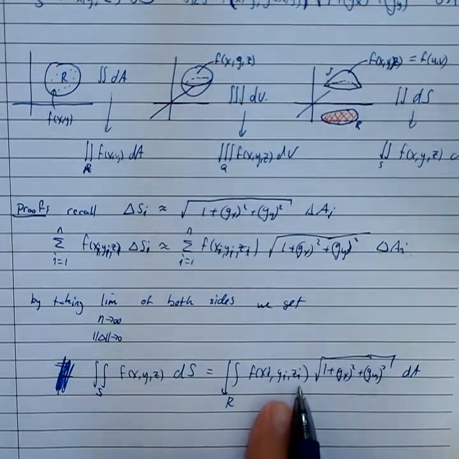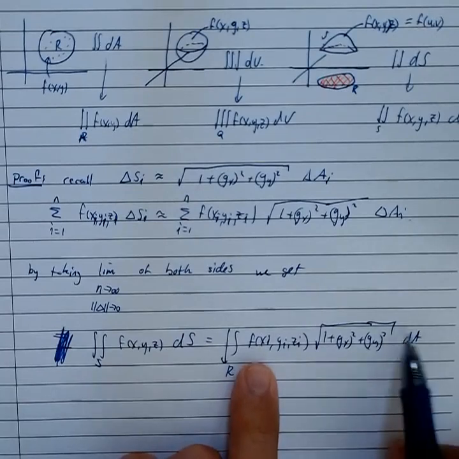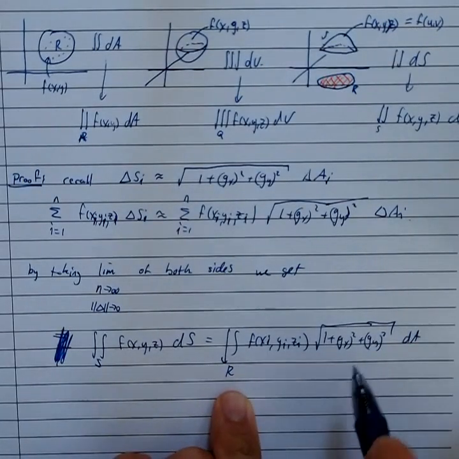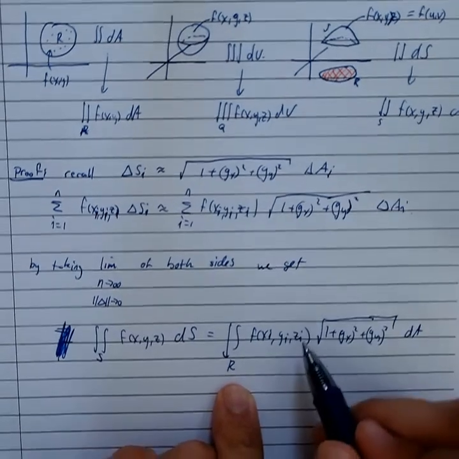But of course here, that is a function of 3 variables, and we're supposed to be taking a double integral, which means that one of these variables will not be accounted for. Sure, but after all, Z is a function of X and Y.